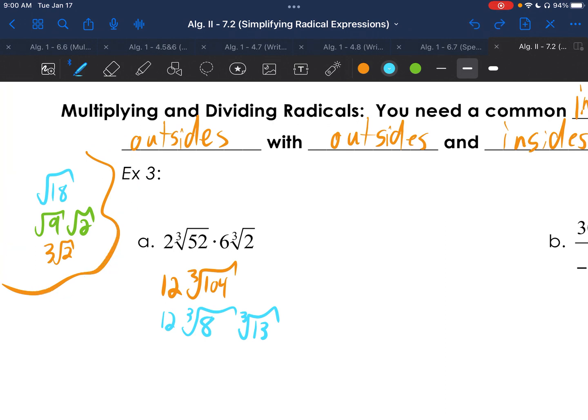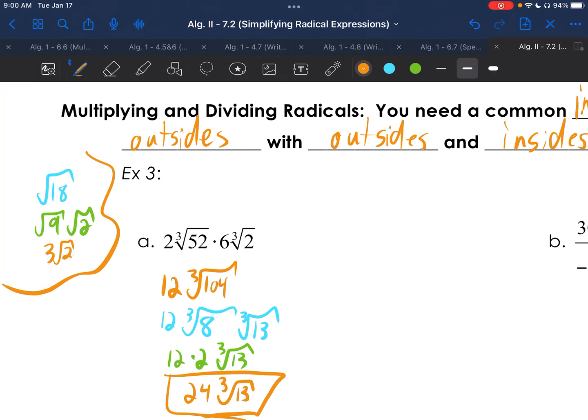And that helps us because now we can say the cube root of 8 is 2. And we're just going to keep it as the cube root of 13 because nothing times itself 3 times is 13. Matter of fact, 13 is just a prime number. So now we say, hey, 12 times 2, 24 times the cube root of 13, and that would be our answer.